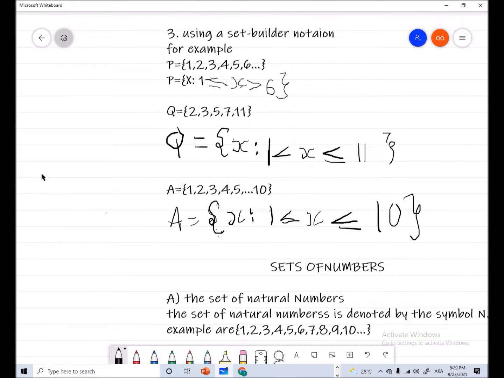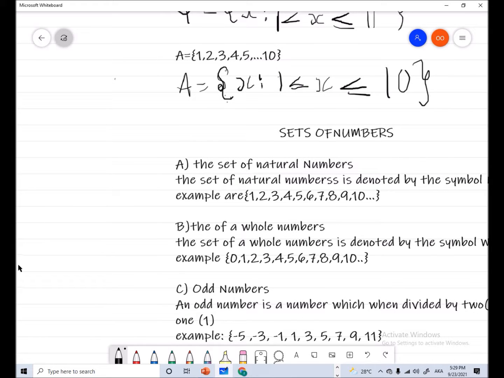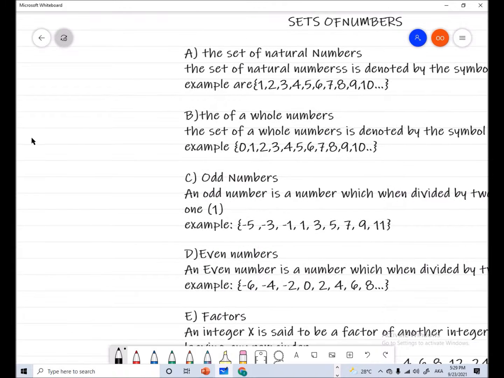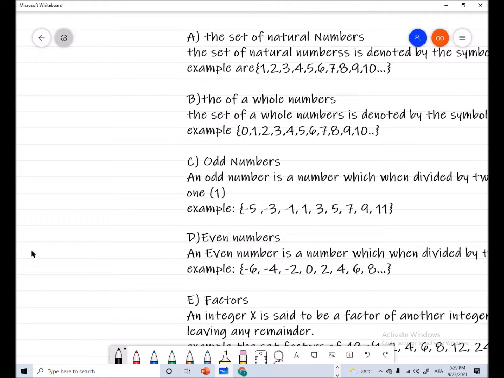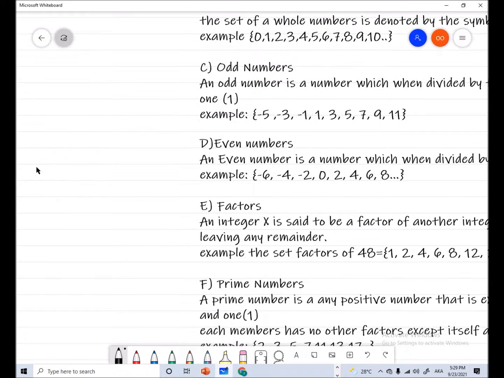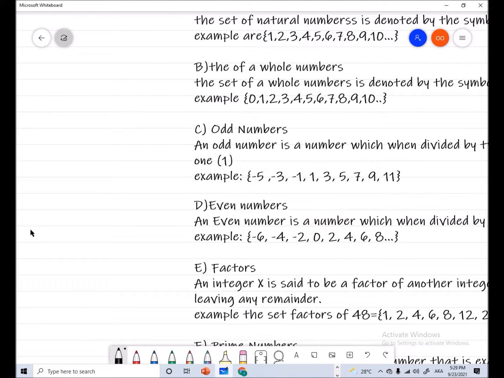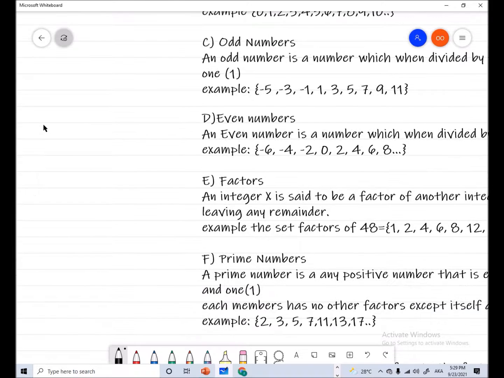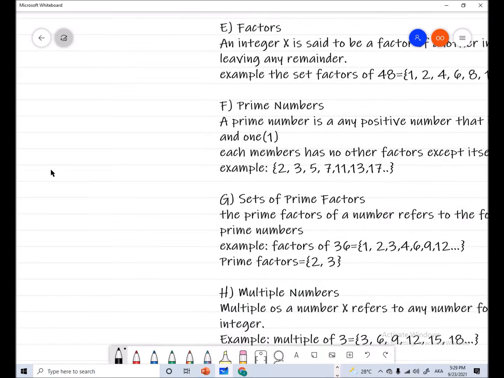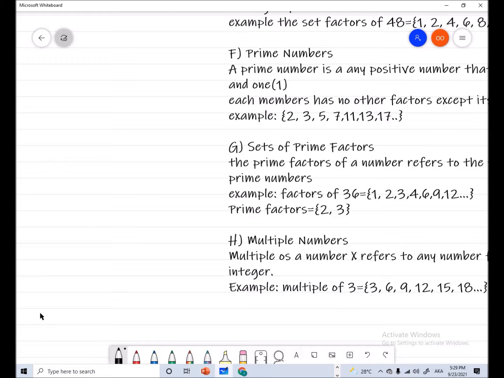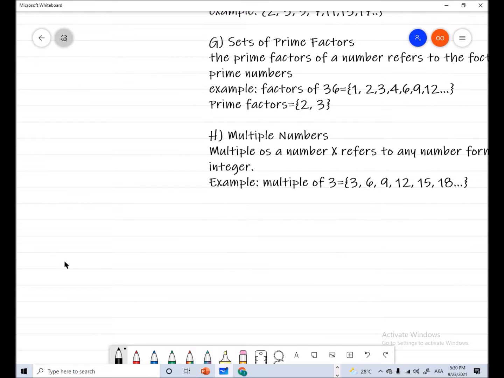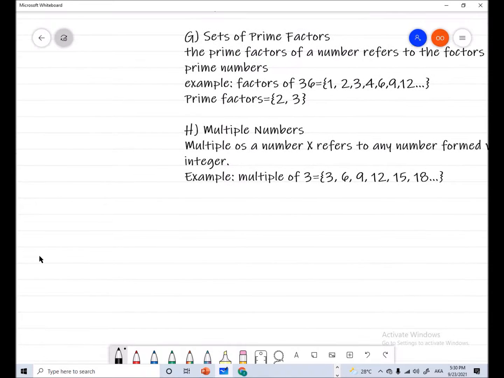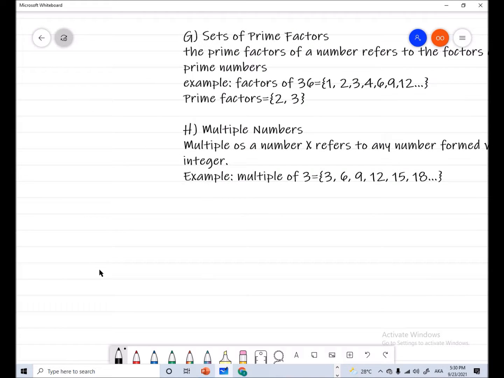We will continue on sets using set builder notation to expand the definitions we made the other time. Even though we've looked at it, today we are going into details because we've been able to define some terms in sets.